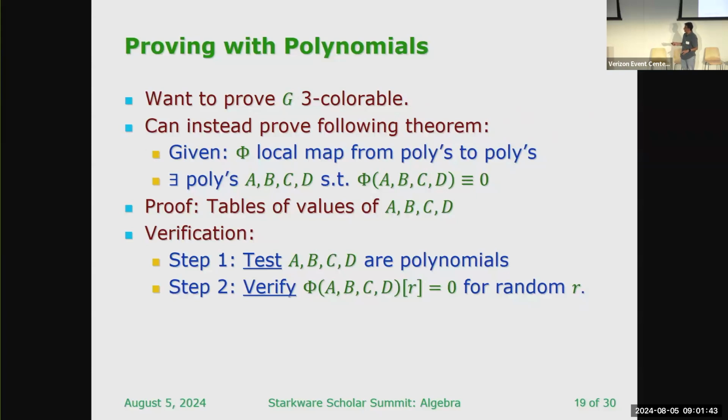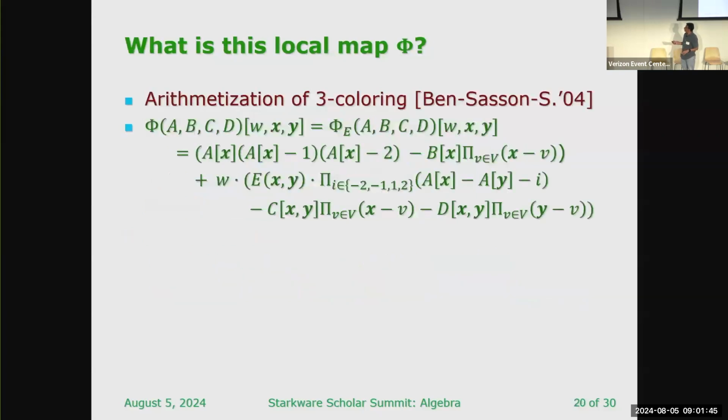Where is this local operator coming from? It's just coming from what we did earlier, expressing 3-colorability using 2 constraints, and those 2 constraints somehow work into this operator. Let me just explain to you what it's doing. Phi of A, B, C, and D will be a polynomial in 3 variables called W, X, and Y. If you want to evaluate it at any one value of W, X, and Y, you just go through this formula and plug in the values.